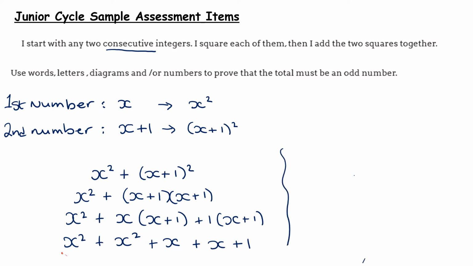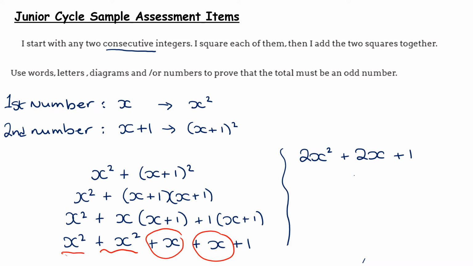Tidying that up, I'm going to add like terms, and we have 2x squared plus 2x plus 1, which is quadratic. And we want to prove that the total must be an odd number.